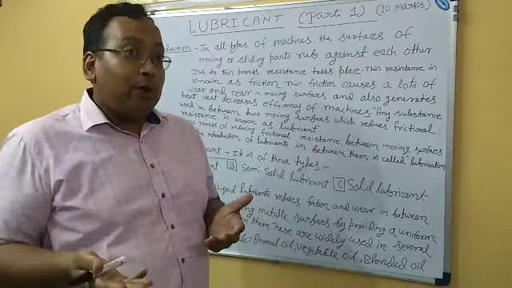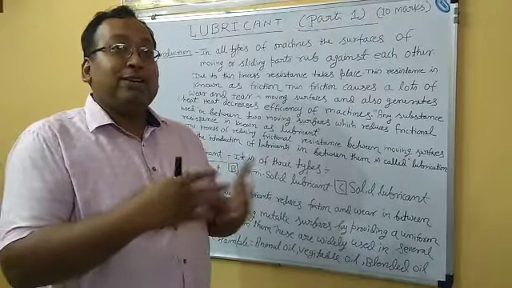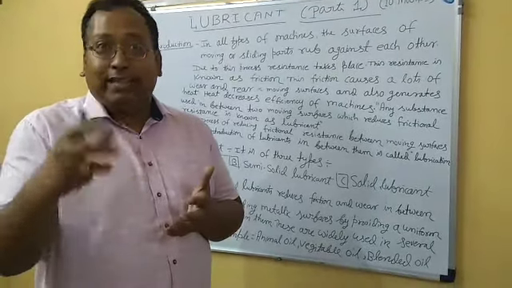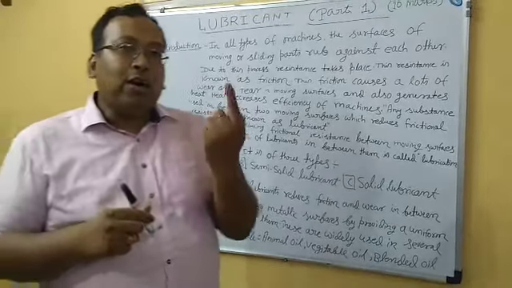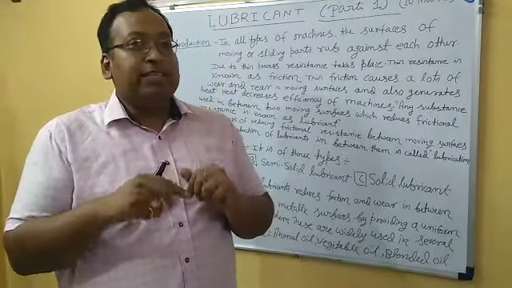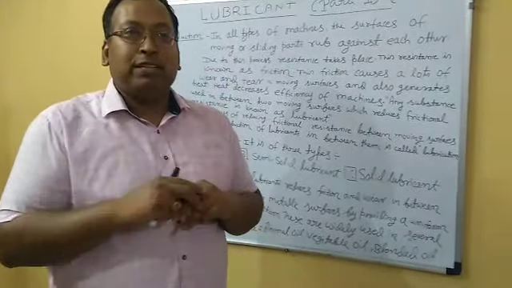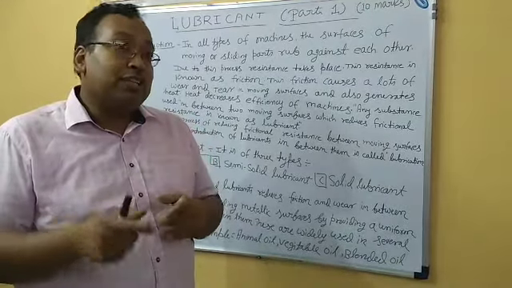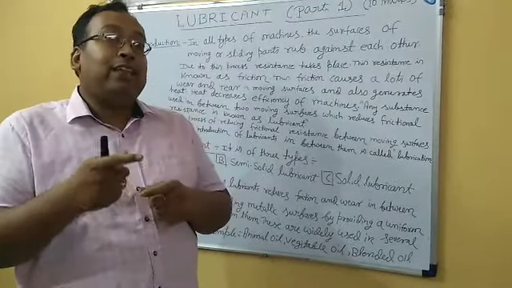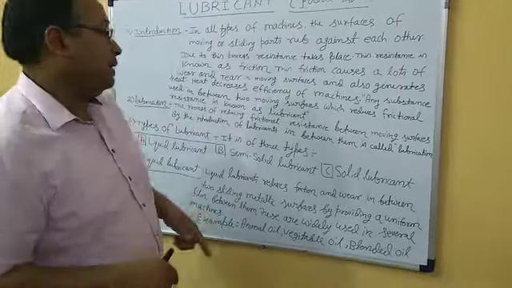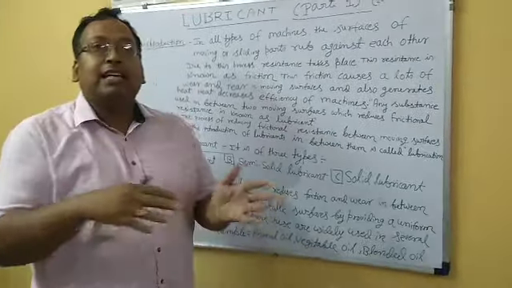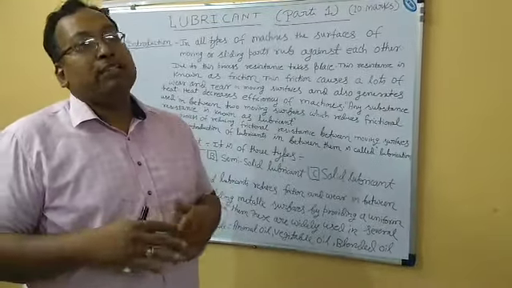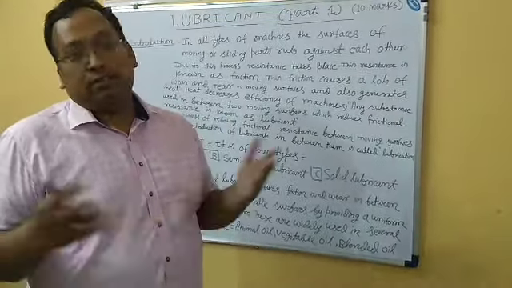That type of oil, prepared from different oils, is called blended oil. One oil contains one property, two oils contain two properties. If two or three oils are mixed with each other, the properties of that oil will be superior in comparison to the previous single oils.